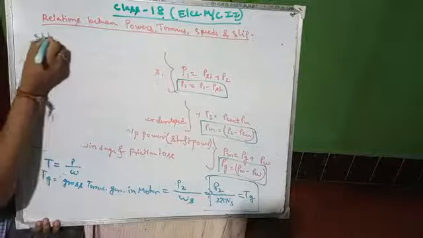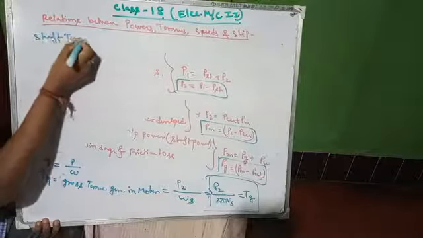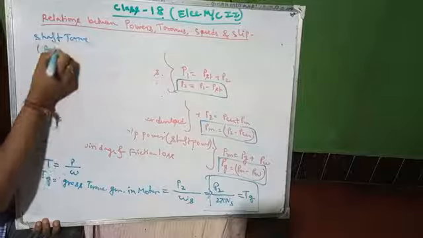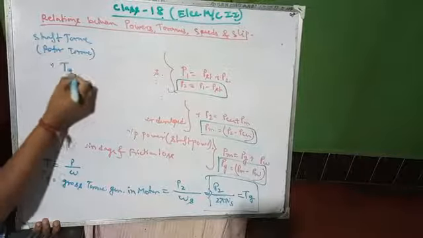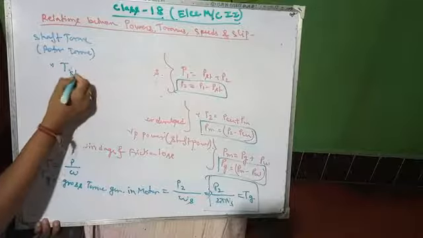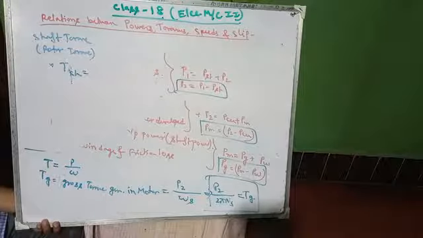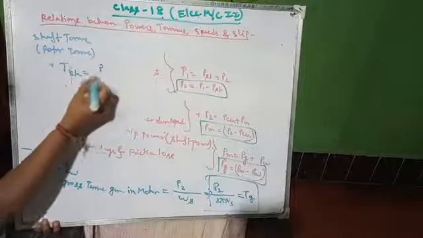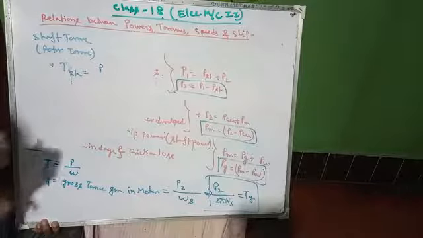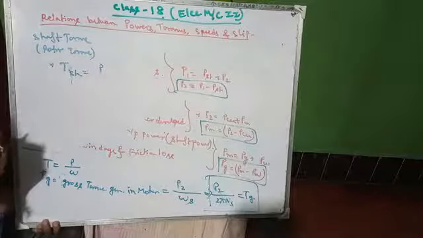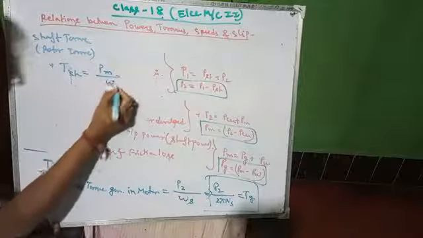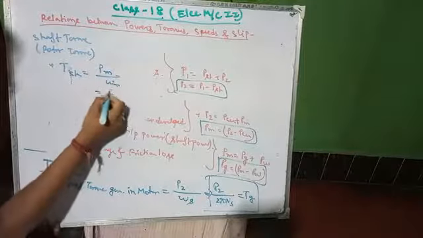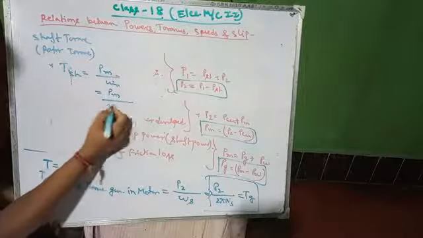Next one, shaft torque or the rotor torque, shaft torque or rotor torque, which will be equal to TSH, shaft torque or output torque. This is output torque, power PM divided by omega r, that is PM divided by 2 pi nr.